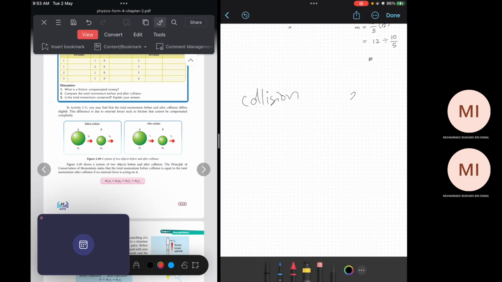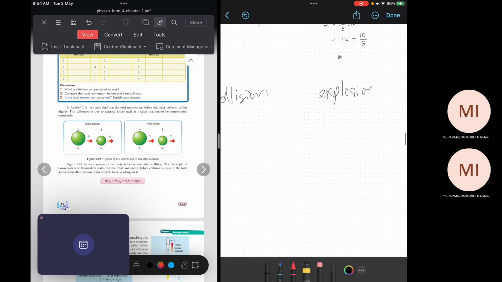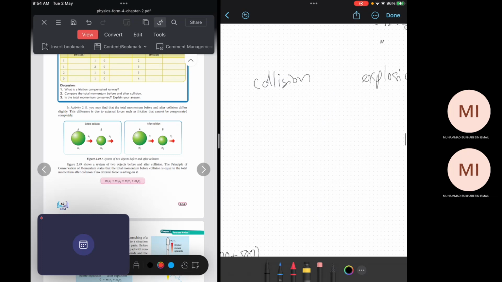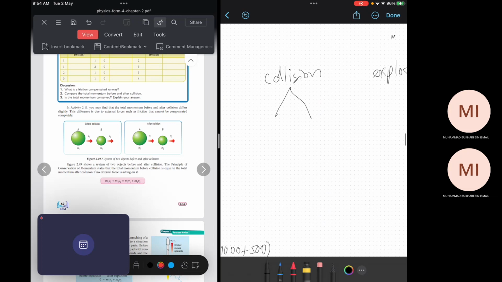Satu lagi kita ada apa? Explosion. Betul tak? Collision dengan explosion. Collision ni dia ada dua jenis lah. Satu elastik, satu lagi inelastic.